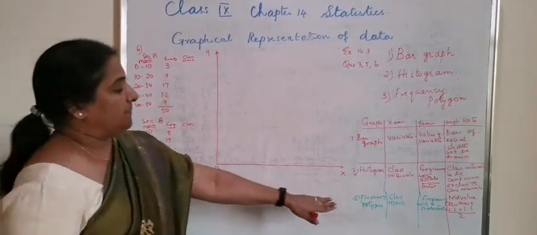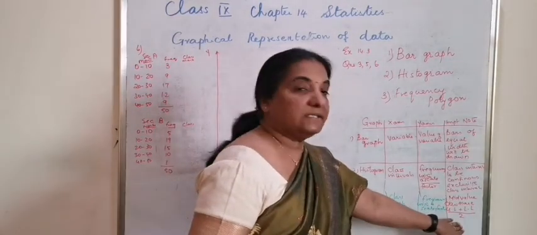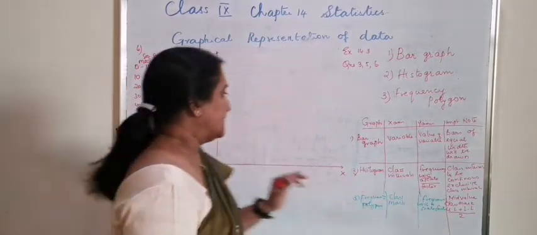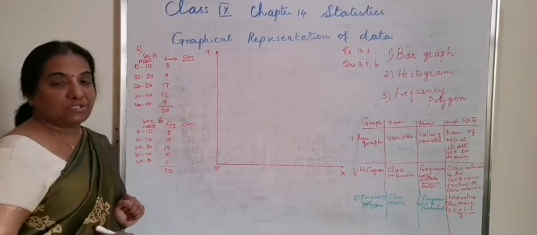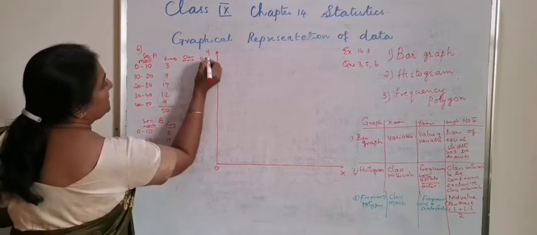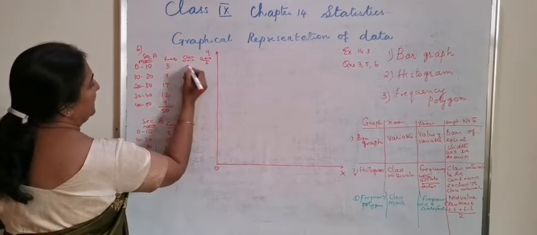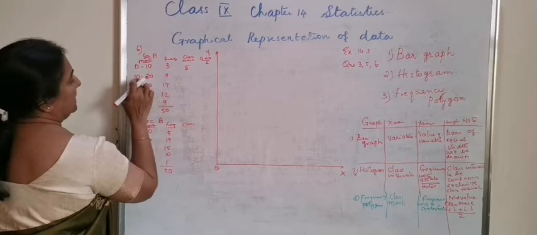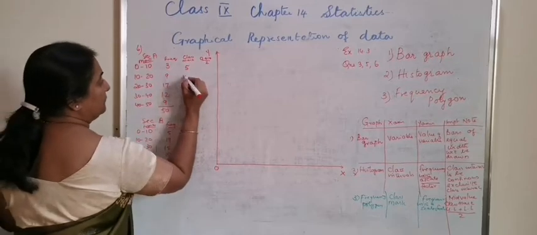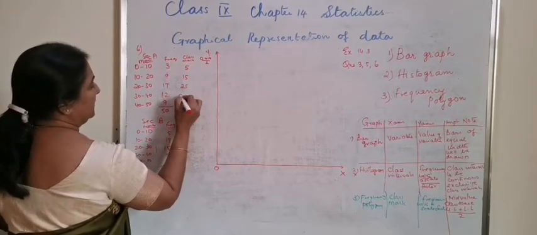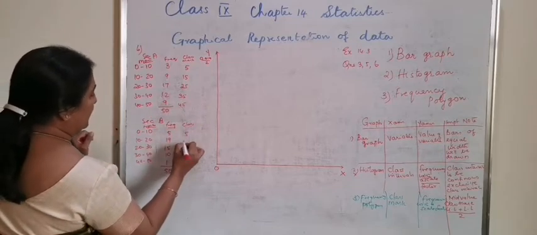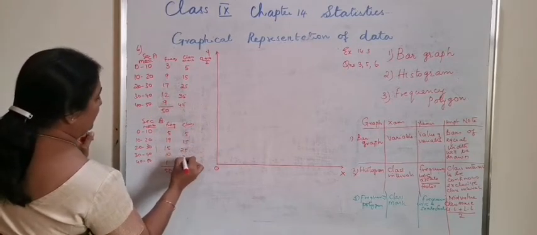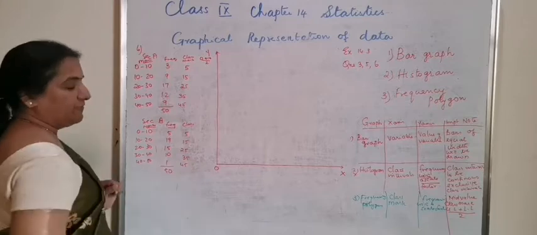For a frequency polygon, you have to mark the class mark on the x-axis. So calculate the class mark. It's the mid value between 0 and 10, which means 0 plus 10 divided by 2 is 5. Then the class size is 10, so 15, 25, 35 and 45. Here also it is 5, 15, 25, 35 and 45.